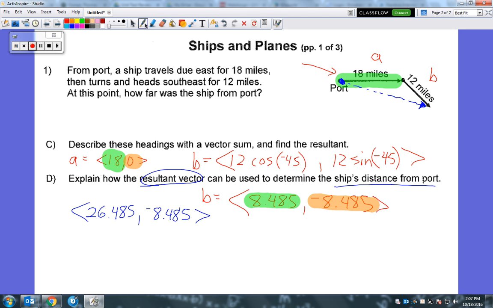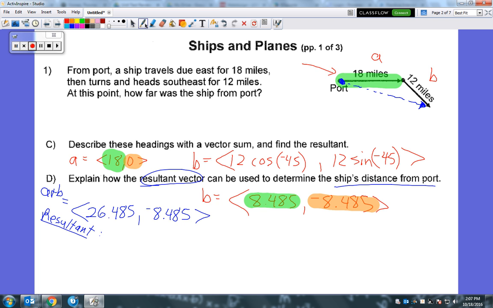This is my resultant. Otherwise, how do I write that in vector notation? A plus B. And that's it. This is A plus B. Don't put the absolute value signs because I'm not asking you for the what? The magnitude. Okay?